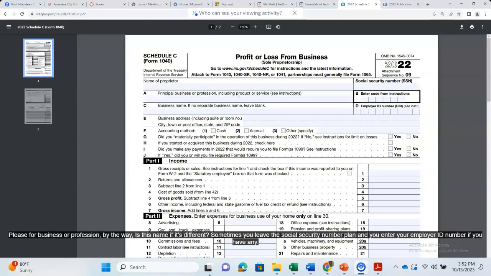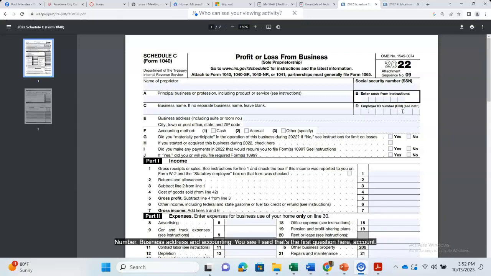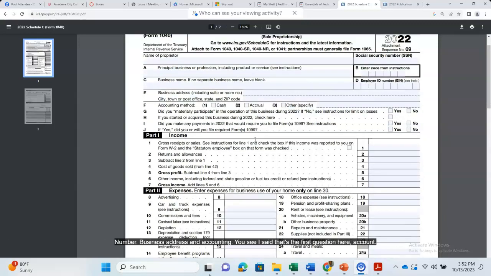Then principal business or profession, whatever it is, and business name, if it's different. Sometimes you leave the social security number blank and you enter your employer ID number if you have one. Over there, business address and accounting method. You see, I said that's the first question here, accounting method. So it's cash or accrual.